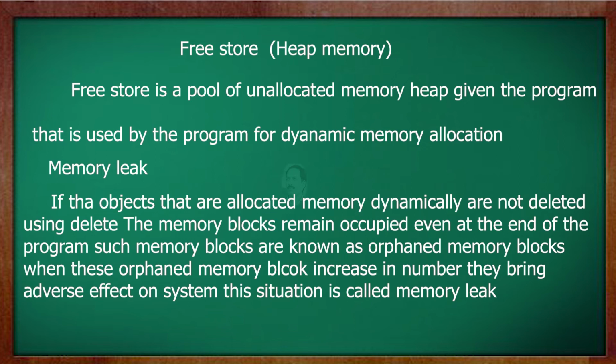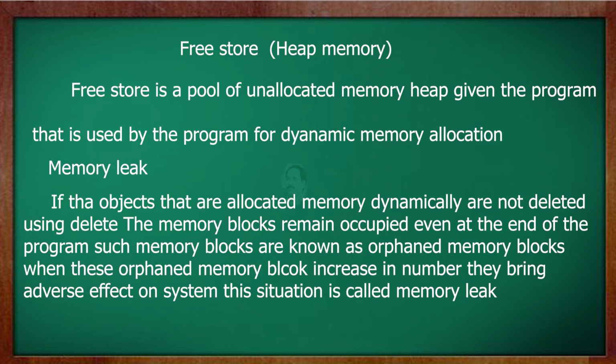Normally the operating system keeps a certain amount of memory as a free store or heap memory, used for dynamic allocation during program execution. This is also sometimes known as the availability list or free list.